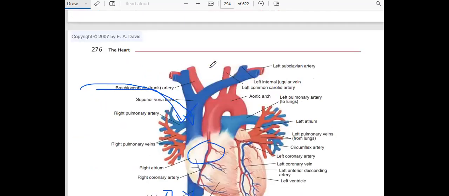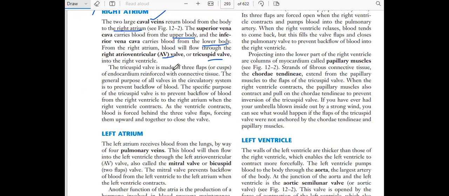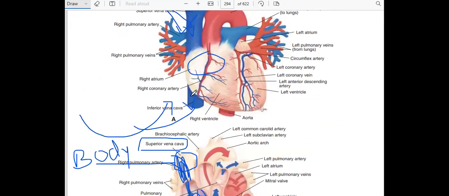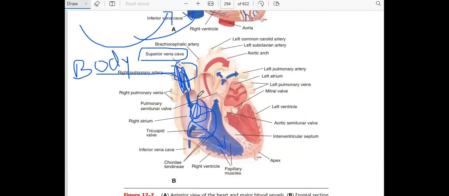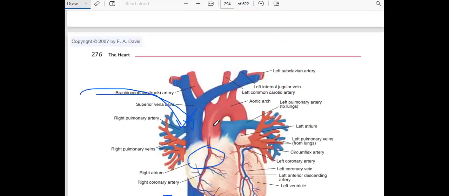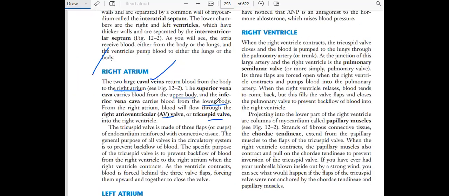There are two names, AV valve and tricuspid valve. AV means atrioventricular valve. Whenever you see reports, they don't give all terms in full form.